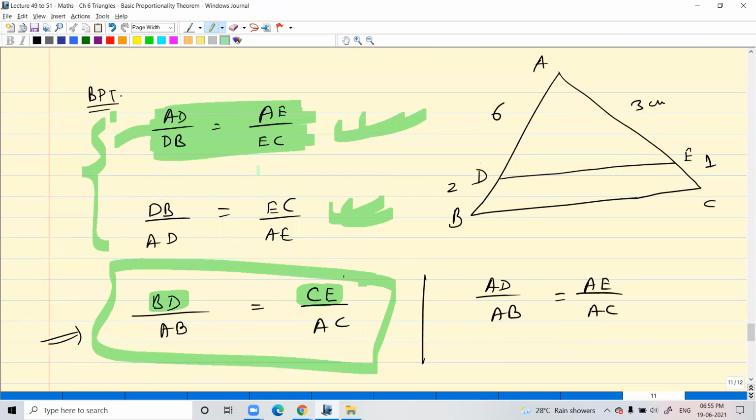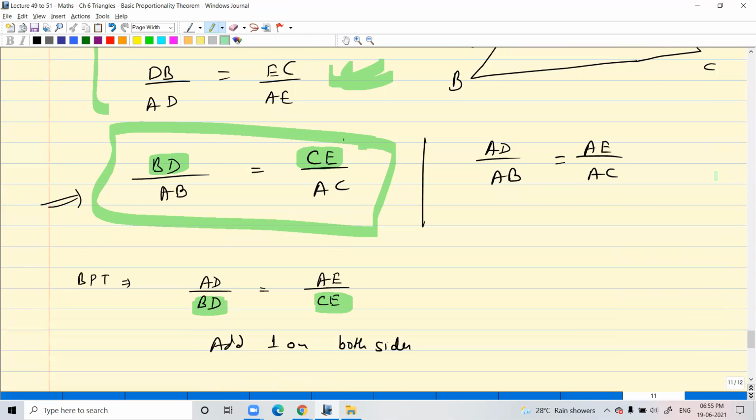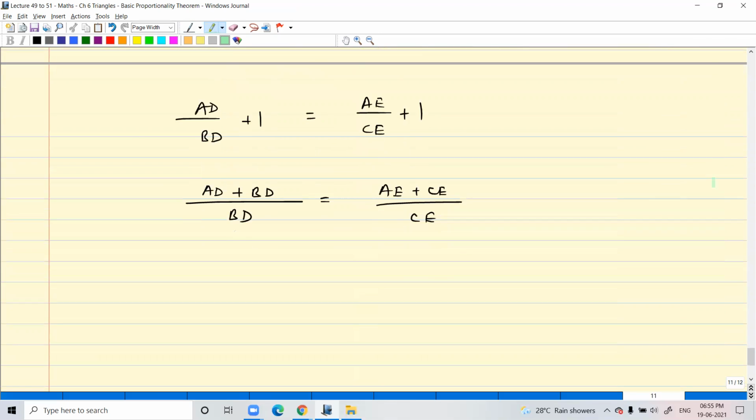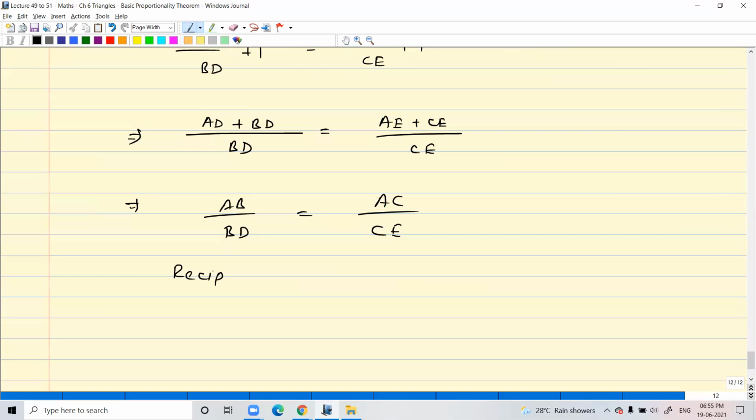AD plus BD, what is it equal to? AB. So forget about the 6 and 2 for now. AD plus BD will become AB, and same way, AE plus CE will become AC. And then just do a reciprocal.